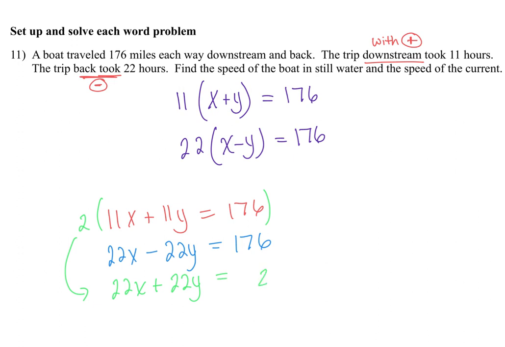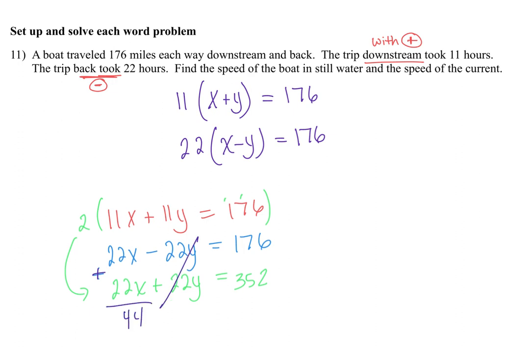Just do your regular multiplication here. Now, if these were smaller numbers, I would say go ahead and divide. But with larger numbers, you can go ahead and distribute. It's going to cancel out. So I'm going to add these two now, right? My y's will cancel.